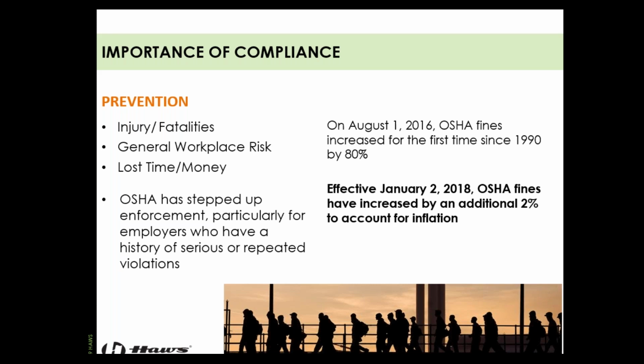That increase was 80%. So they were basically catching up. They were filling in a gap where they failed to adjust that amount. And going forward, effective January 2nd, 2018, OSHA fines will increase by an additional 2% to account for inflation as they see fit, probably year over year.